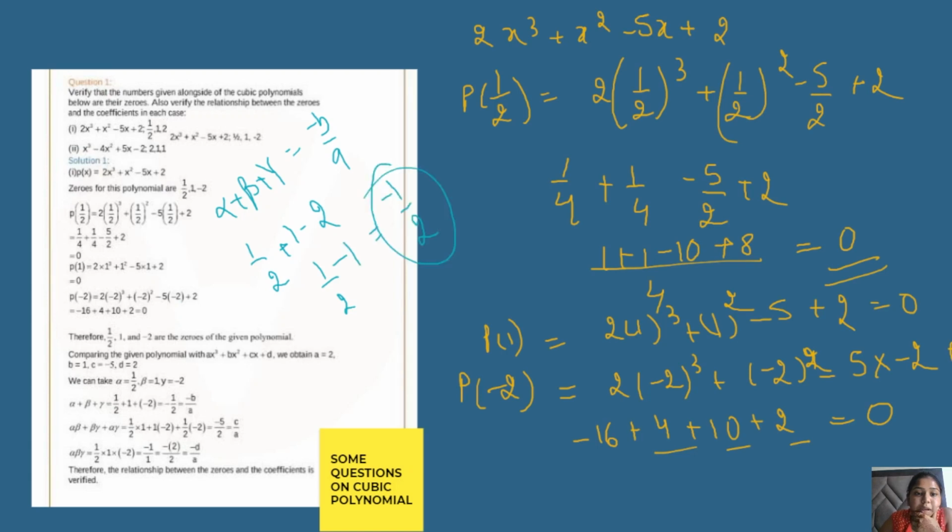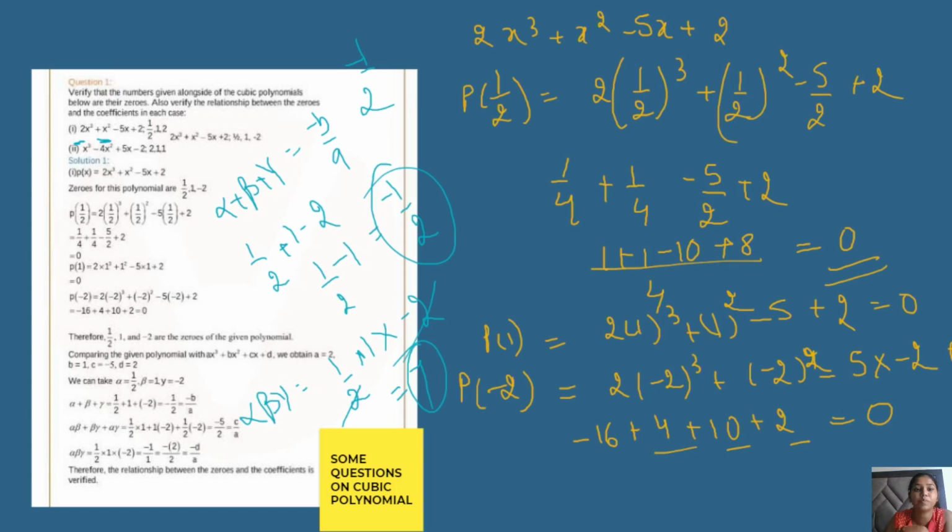Calculating the minus b by a part, this is your b and this is your a, so minus 1 by 2, hence proved. Similarly, the product will be 1 by 2 into 1 into minus 2. We will be getting minus 1 as the product. Basically it is minus d by a, where d equals 2 and a equals 2, so minus d by a equals minus 1 itself, hence also proved.